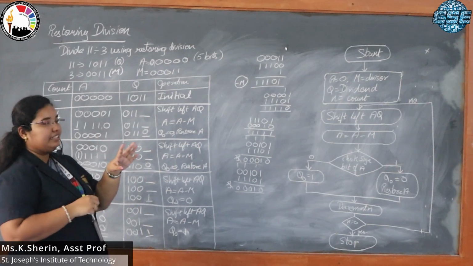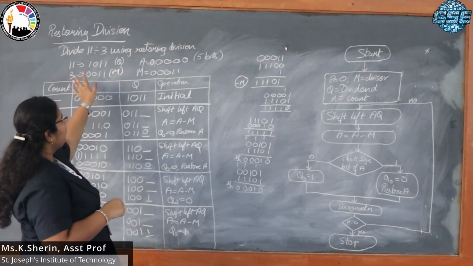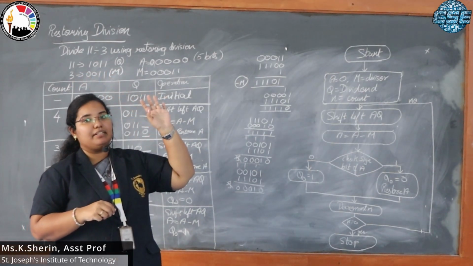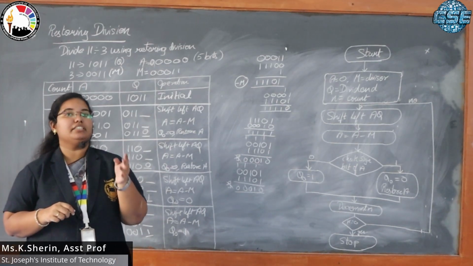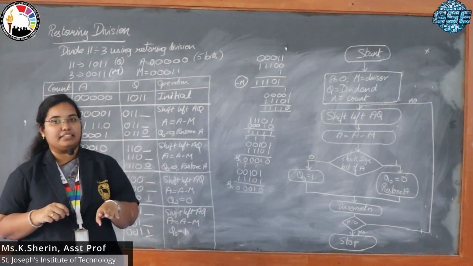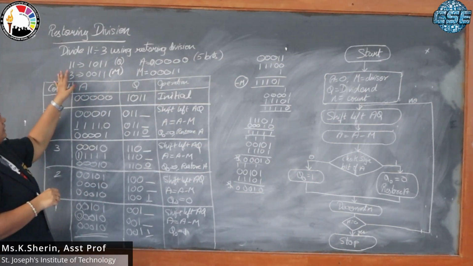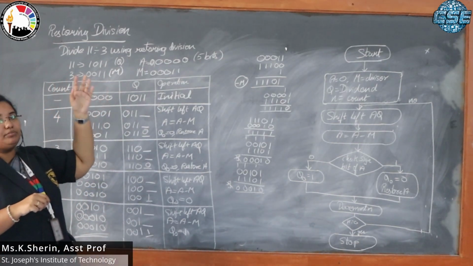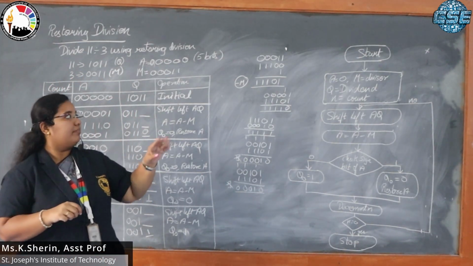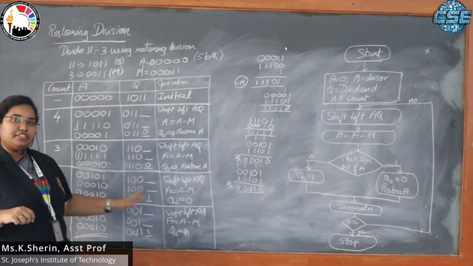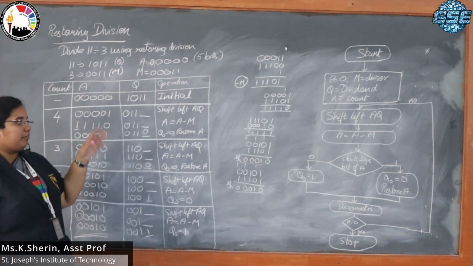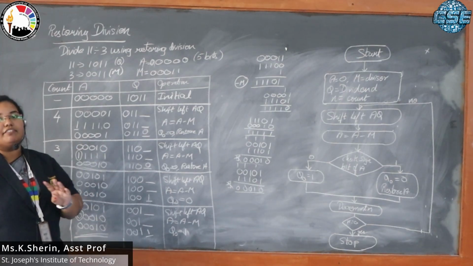One small hint is that while solving your example problem, if the given question is a binary number of 4 digits, suppose the given question is 11 divided by 3 or some other number where the binary number is 4 digits, my count register N is equal to 4, so the entire iteration will be in 4 steps. So you complete the procedure within 4 steps.